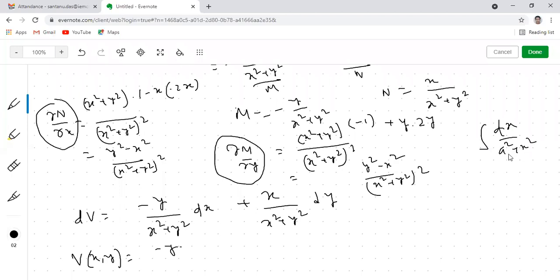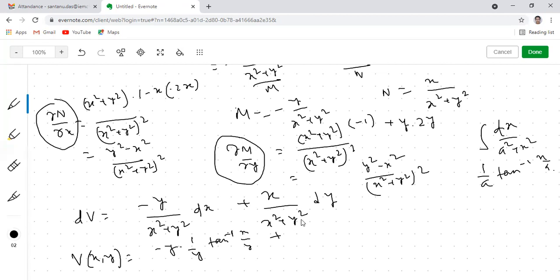Can anyone tell me? Tan inverse x by a, 1 by a tan inverse x by a. Yes, 1 by a. So here a is y, so 1 by y tan inverse x by y.